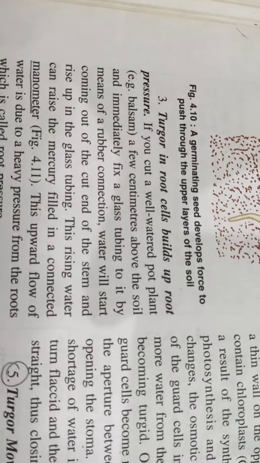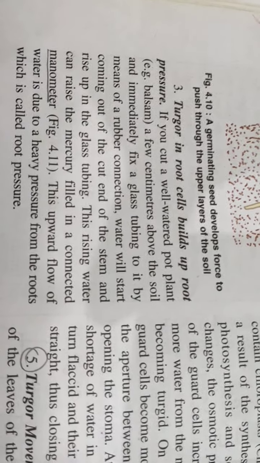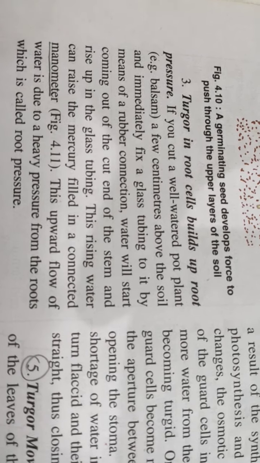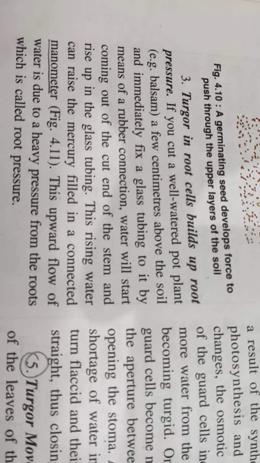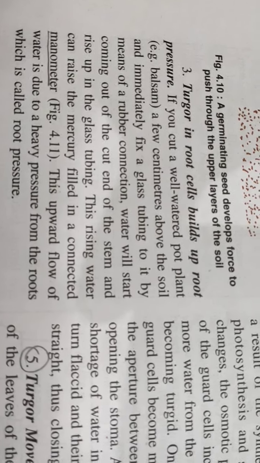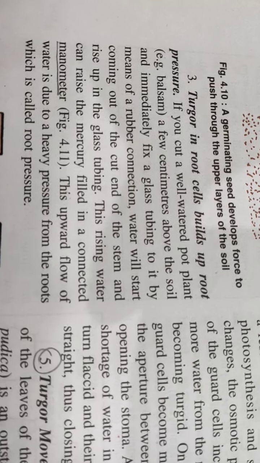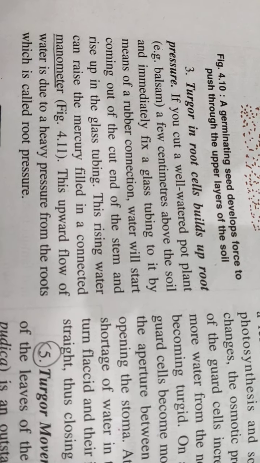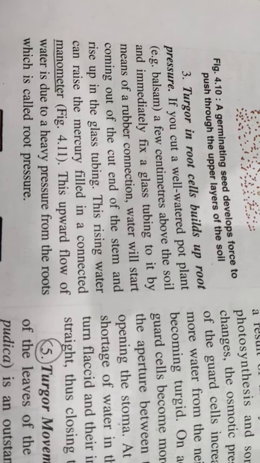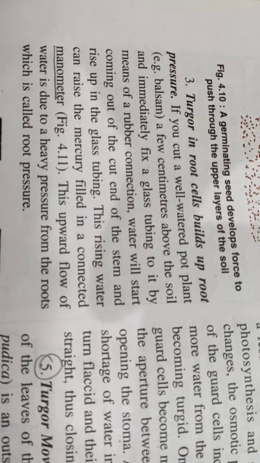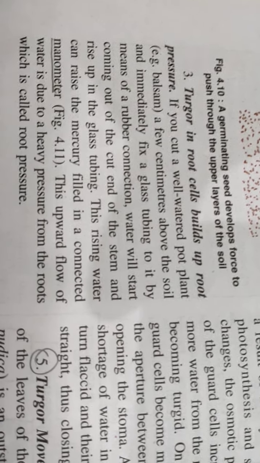Turgor in root cells builds up root pressure, and this upward flow of water is due to a heavy pressure from the roots, which is called root pressure. Which water? The water which is getting inside through the root hairs, and it is moving through the stem up to the leaves.